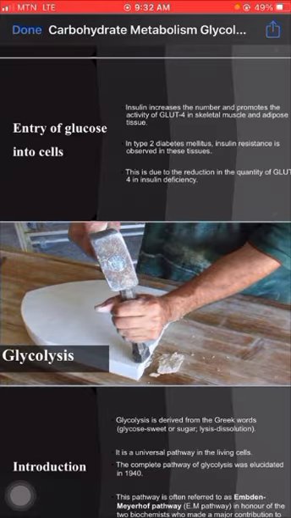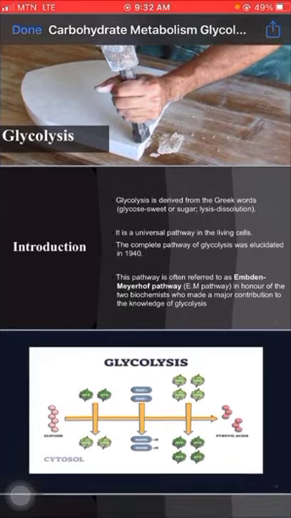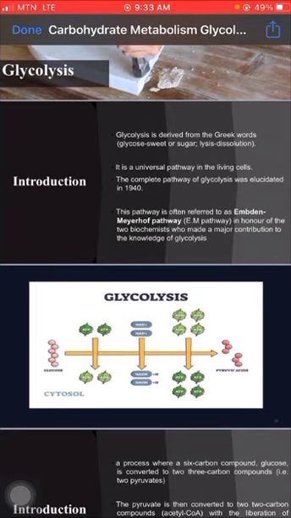So when insulin binds to the receptor, there is no command. There is no increase in glucose transporter 4. Thereby, the glucose molecules will accumulate in the plasma or in the blood, leading to a condition we call type 2 diabetes mellitus. Hope you understand. Now let's look at glycolysis.